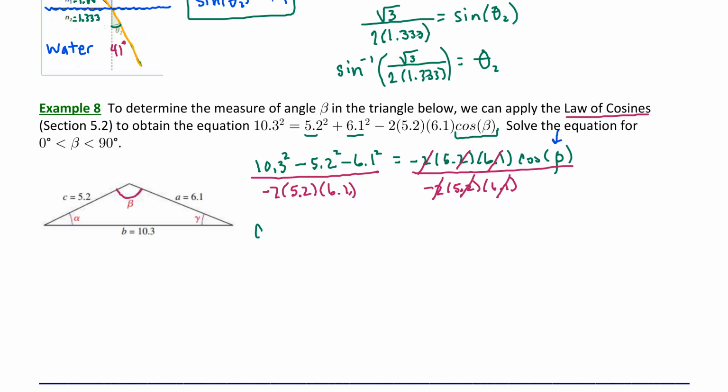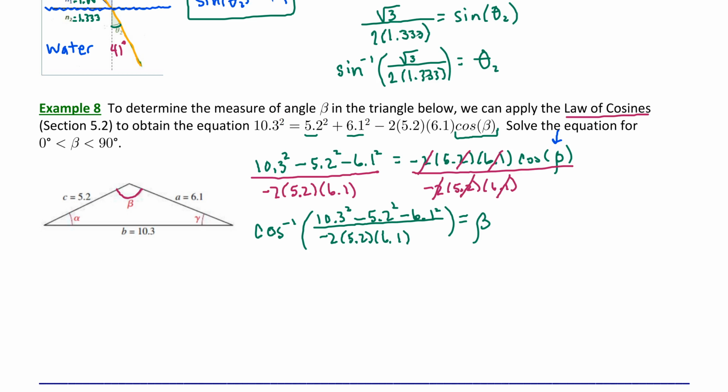We end up with inverse cosine of 10.3 squared minus 5.2 squared minus 6.1 squared, all divided by negative 2 times 5.2 times 6.1. And this gives us angle beta.